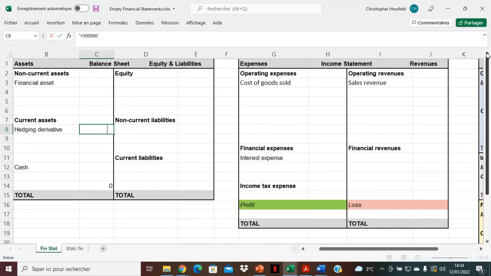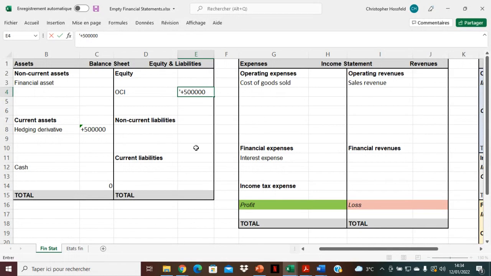Okay, and at the same time, it's a cash flow hedge, and the fair value gains and losses of the hedging derivative, as long as the cash flows are not happening, are recognized in OCI, so directly in equity. That means here my OCI also increases by 500,000. So at the end of year N, I have plus 500,000 on the asset side of the balance sheet and plus 500,000 on the other side.